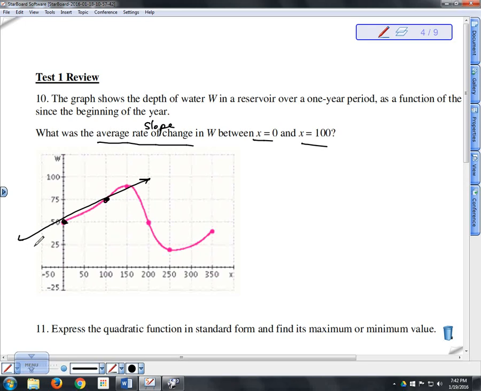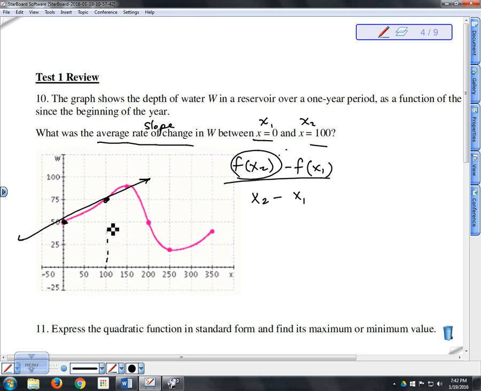So we could do this like we did the last problem, algebraically. We could say this is x1 and that's x2, so we need to find f of x2 minus f of x1 all over x2 minus x1. Well, f of x2 is just f of 100. Now if we go over to 100 on the x-axis and go up to the graph, it looks like it's 75, so f of 100 is equal to 75.